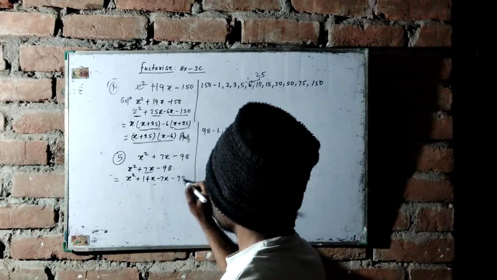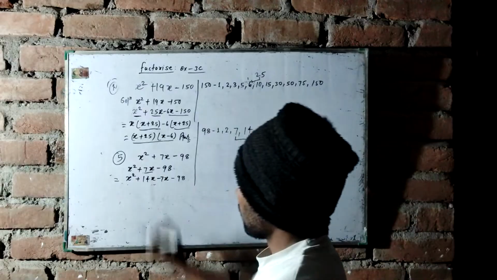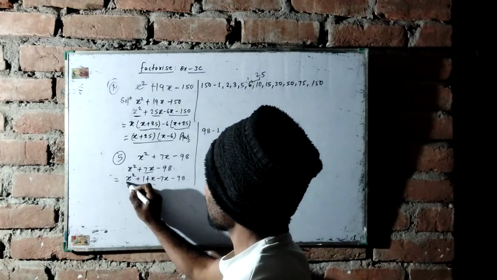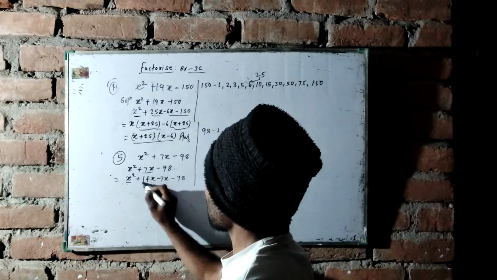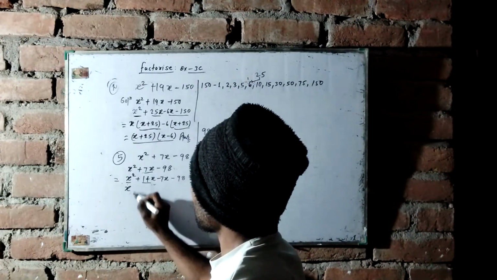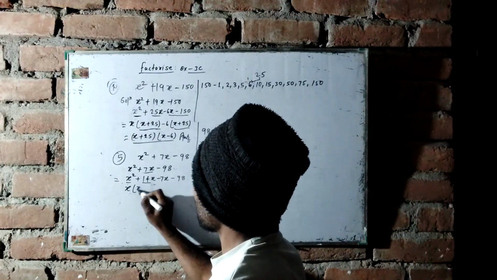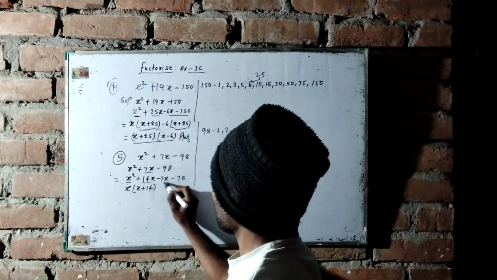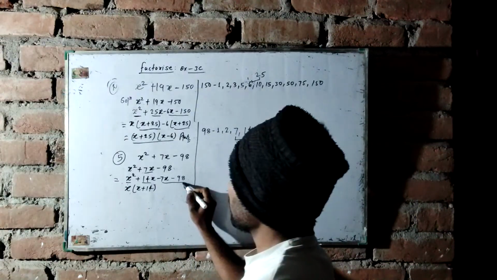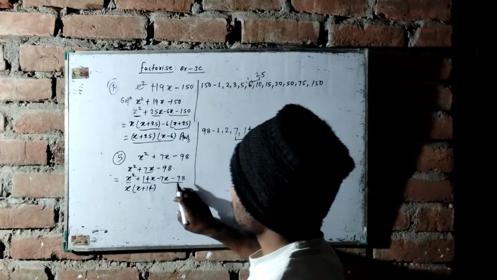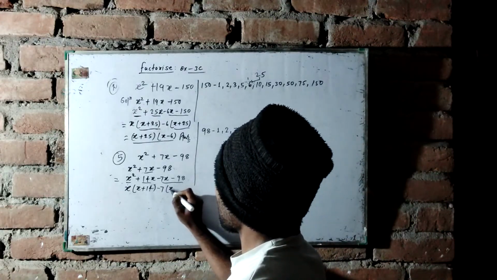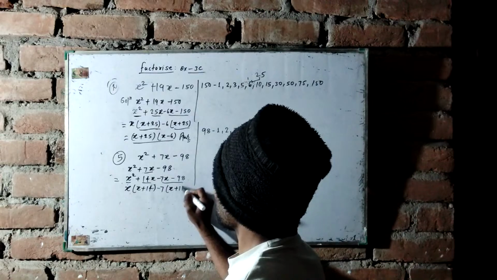Now here we take x as common, and we can write x plus 14 as a multiple, and we take 7 as a common, minus 7, and we can write x plus 14 as a multiple.